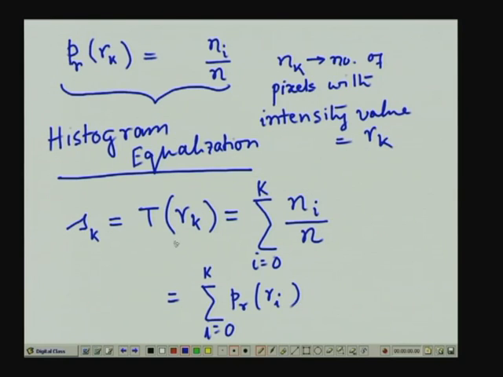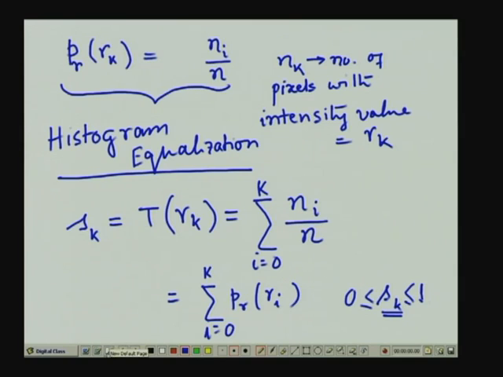And similarly, when the transformation function T(r_k) gives us a value s_k corresponding to an intensity level r_k in the input image, the maximum value of s_k will also vary from 0 to 1. So, the minimum value of the intensity suggested by this expression will be 0 and the maximum value will be 1.